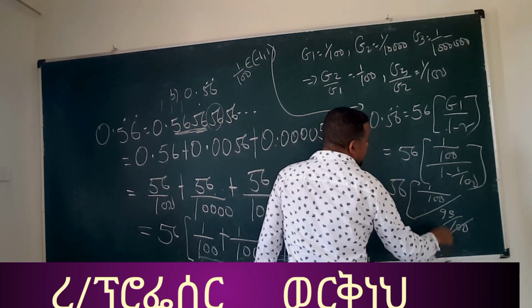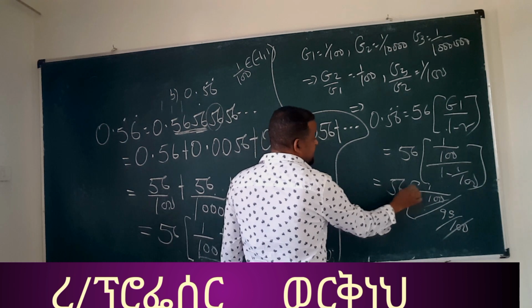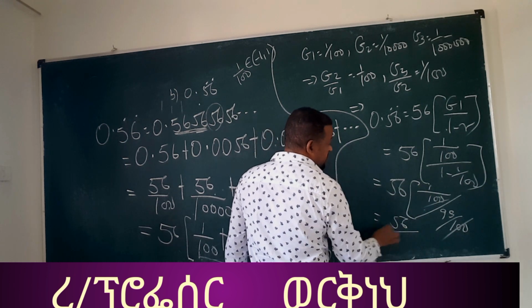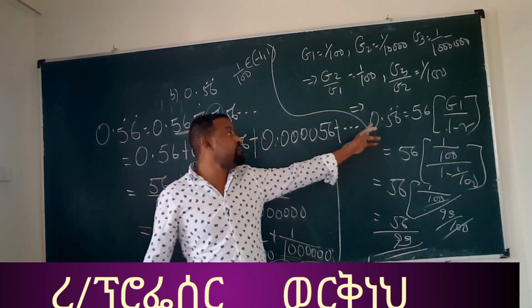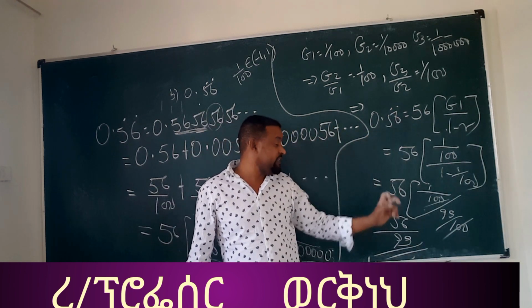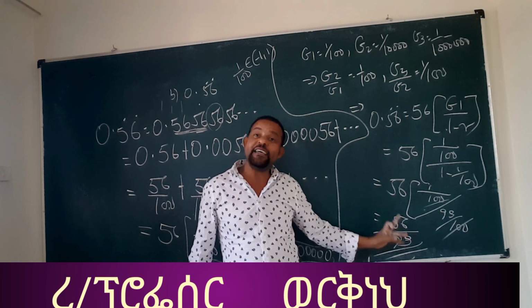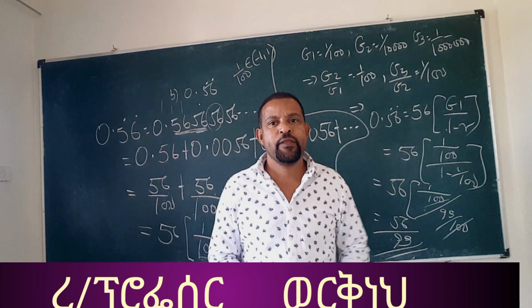The 100s cancel, leaving 56 over 99. So the A over B form of 0.56 repeating is 56 over 99.